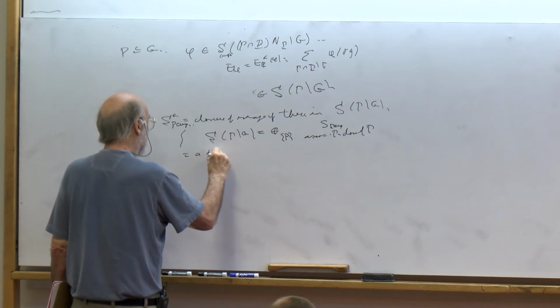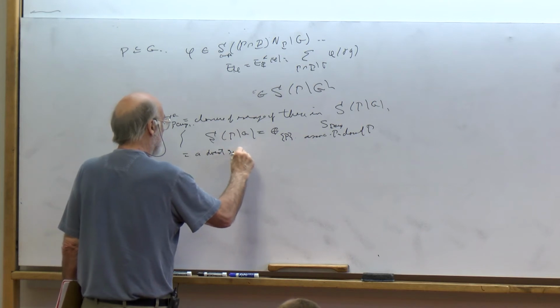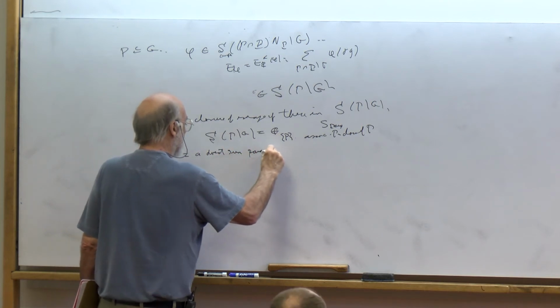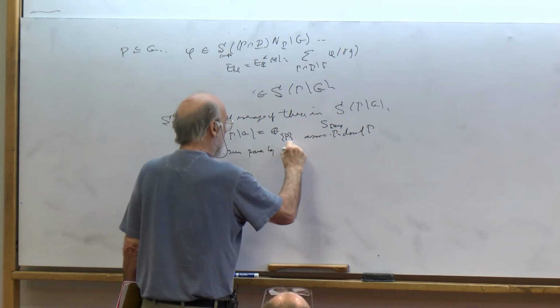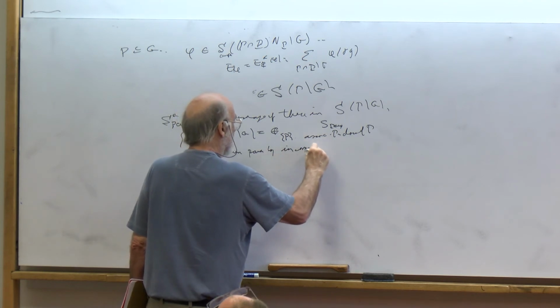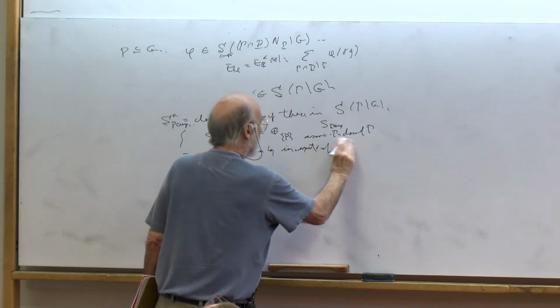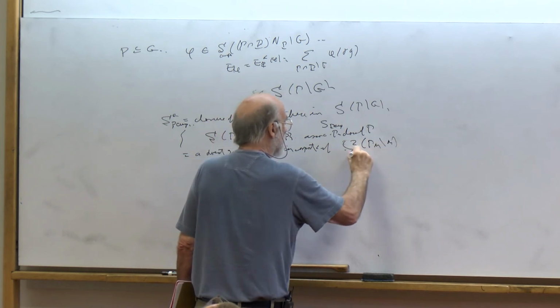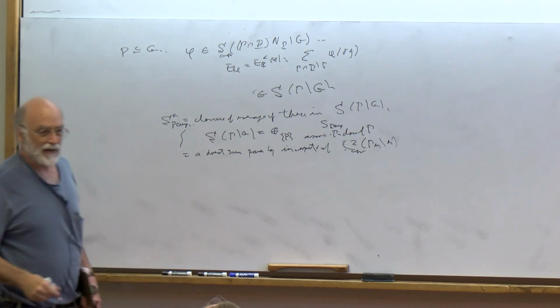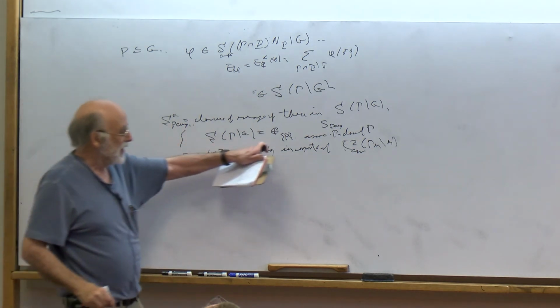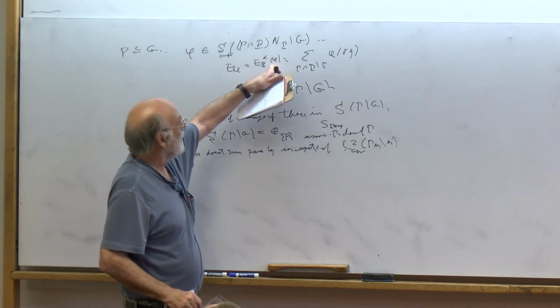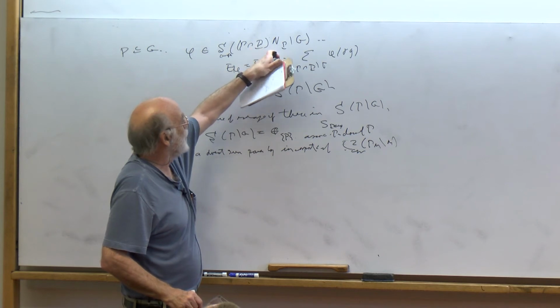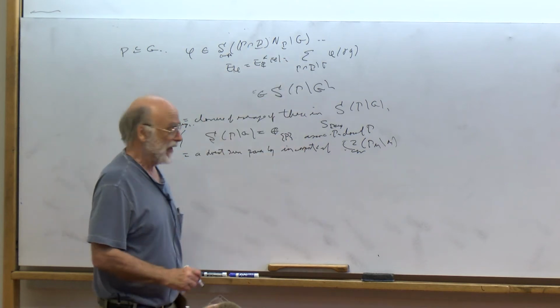Direct sum parametrized by irreducible components of L2 of gamma_M, cuspidal. So in the end, I get a direct sum decomposition of the Schwartz space into pieces parametrized by cuspidal components on the different parabolics.